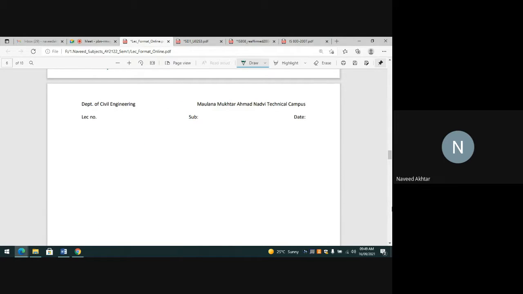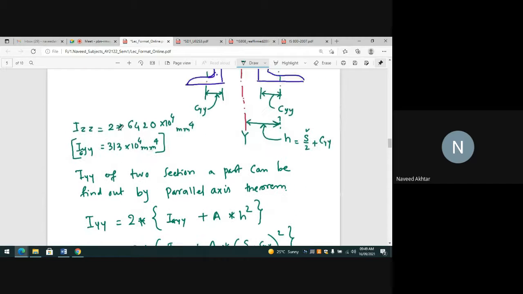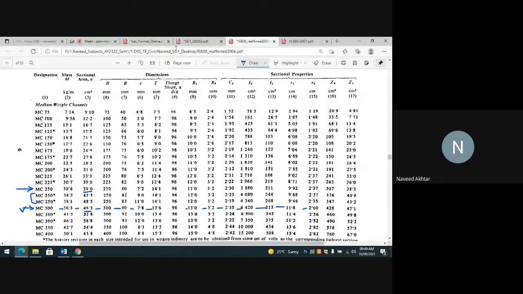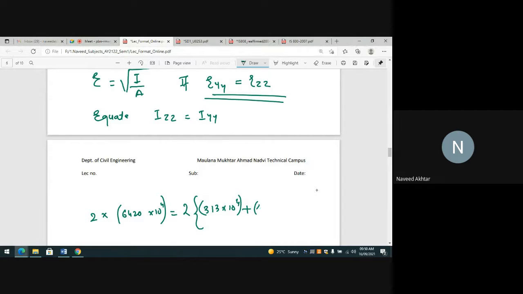So 2 times 6420 into 10 raised to 4 is equal to 2 times bracket 313 into 10 raised to 4 plus area of the section, 6430, into h square.